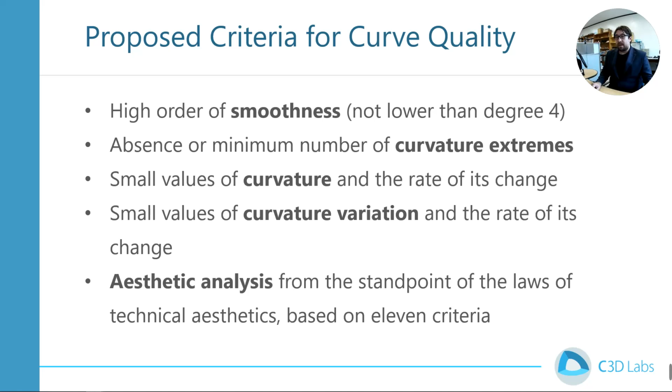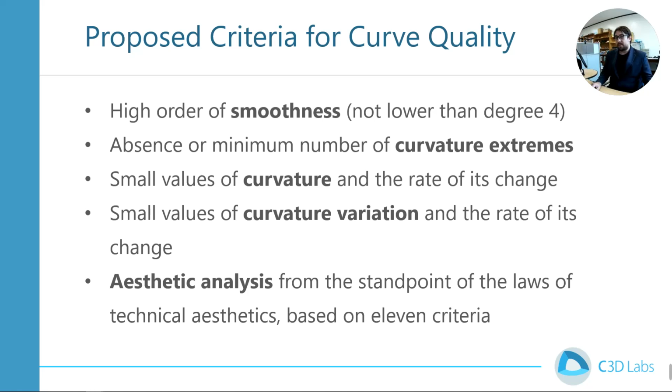We do not set ourselves the task of giving a simple and precise mathematical definition of such curves. On the contrary, this category can include various curves that meet certain quality criteria, the refinement and addition of which is possible in the near future.